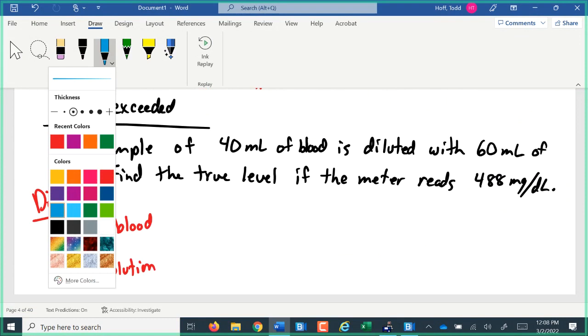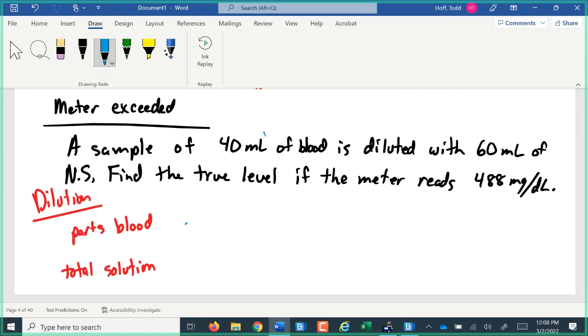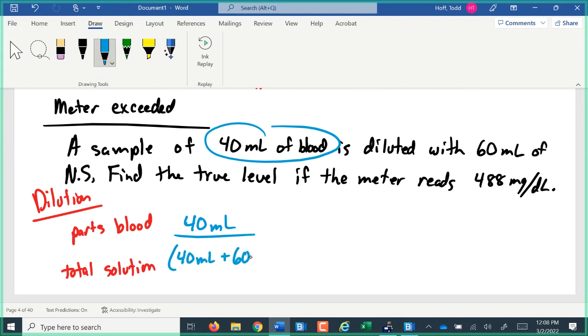You have to be careful here. The parts of blood are the 40 milliliters of blood. For our total solution, 40 milliliters of blood plus the 60 milliliters of saline.